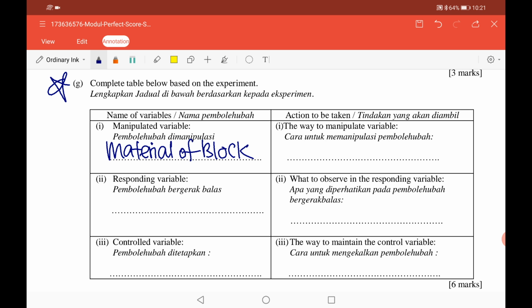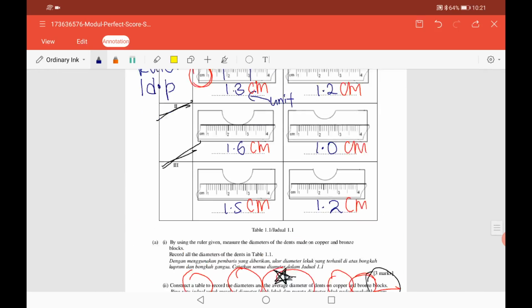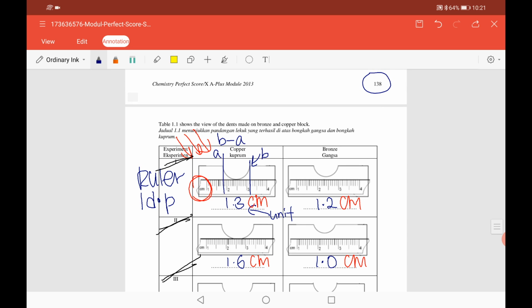Next, the responding variable. When we change to a different material of the block, what is the result that we want to see? In this case, we want to see the size of the dent.